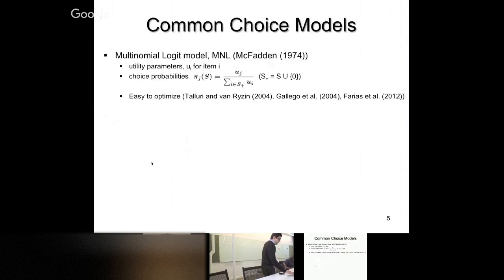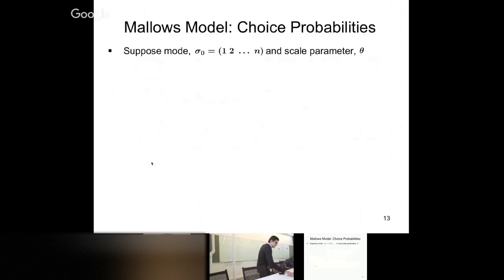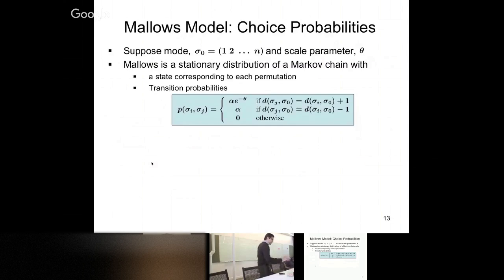So let me first tell you an interesting property about the Mallows model. The Mallows distribution is actually the stationary distribution of the following Markov chain. It's a Markov chain where each permutation is a state, and you have a transition between adjacent permutations, and by adjacent I mean permutations that are one adjacent swap away.